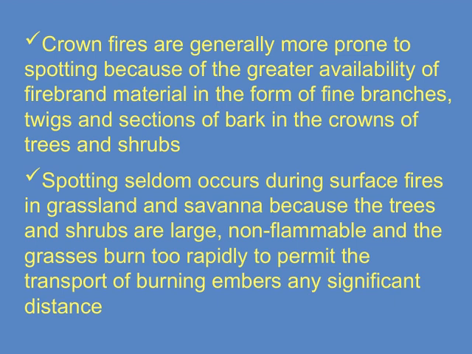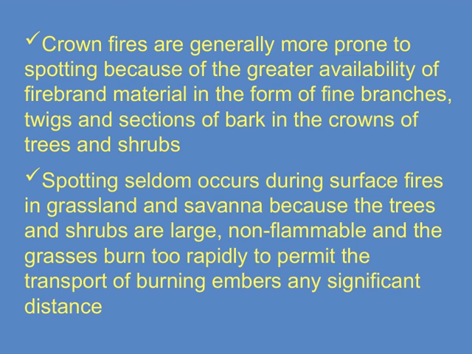On the other hand, spotting seldom happens during surface fires in grasslands and savannas. Why is that? Well, in these environments, the trees and shrubs are usually large and non-flammable, so they don't easily ignite and produce firebrands. Plus, the grasses burn so rapidly that there isn't enough time for burning embers to be transported over a significant distance before they burn out.